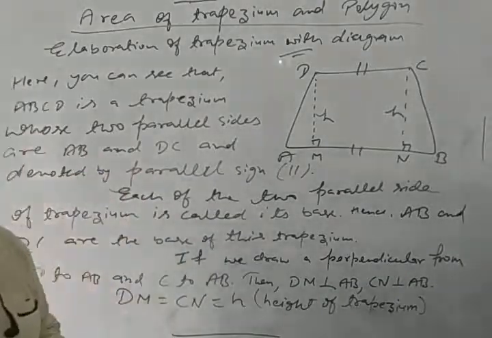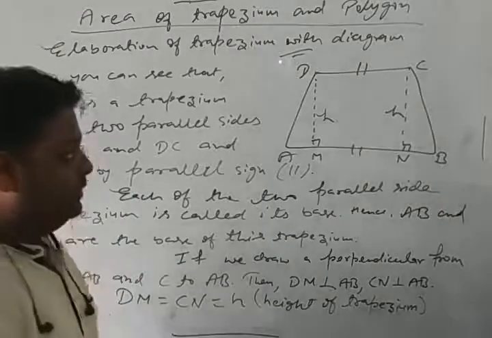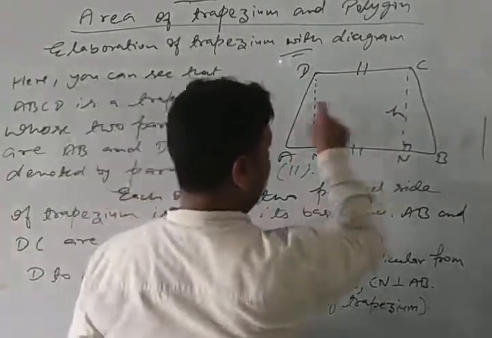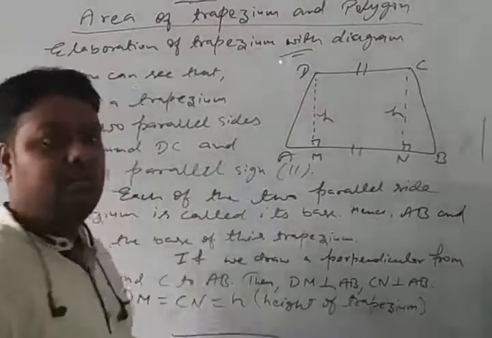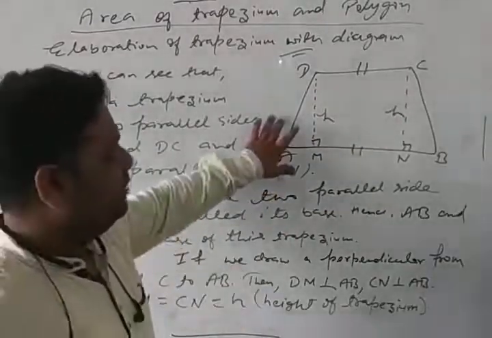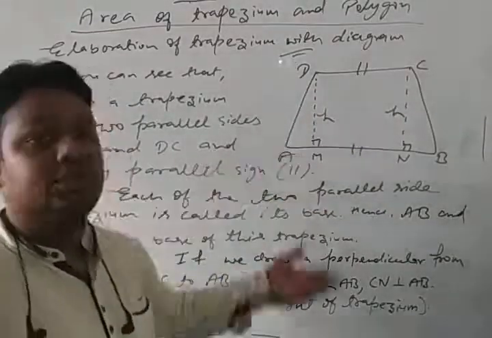Now, one more important point: if in a trapezium the two non-parallel sides are equal, then the name will change. It is called an isosceles trapezium.